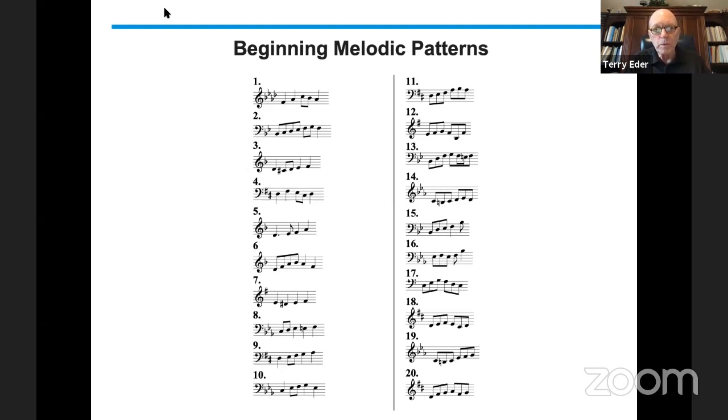So this one, you have to do these in the right keys, by the way. I actually do the patterns also using the same do, but let's do the key. So that first one, 4 flats, that would be A flat major or F minor. It starts on F up here. So that one is do, me, sol, fa, me, la, do, mi, re, do. Okay. And then number 2 would be B flat.